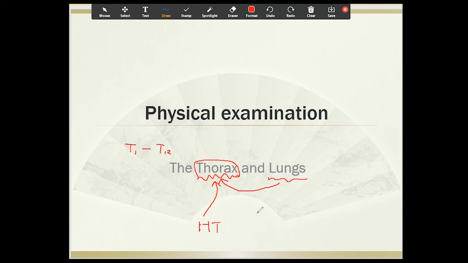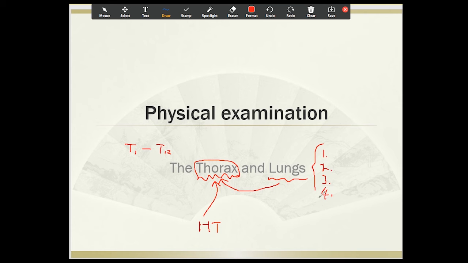We have 4 ways to make our physical examinations: inspection, palpation, percussion, and auscultation.